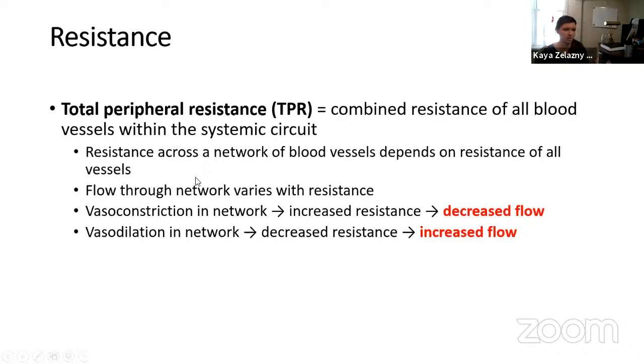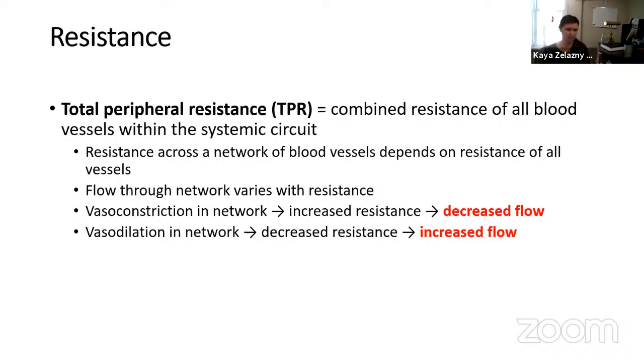So if we see vasoconstriction in a network, say, we'll talk about the different hormones that could influence this, but if we see vasoconstriction in a network as a whole, it means all of those different blood vessels are shrinking, which means we're going to see increased resistance and decreased flow. And the opposite with vasodilation.